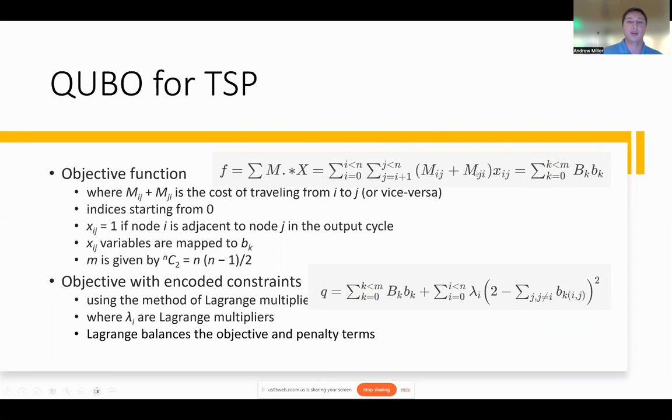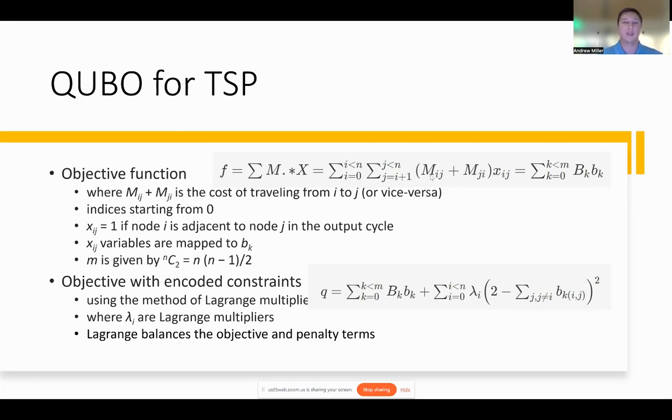The idea is that this equation looks fancy, but in essence, you see the sum here, and this is the sum of going from one city to another. So Mij is the distance you need to travel to get from city i to city j, and then Mji is the distance you need to travel to get from city j back to city i.